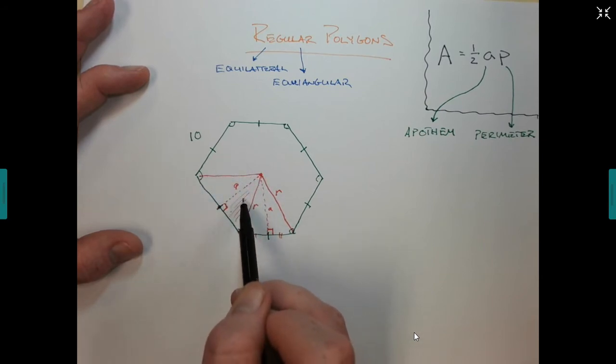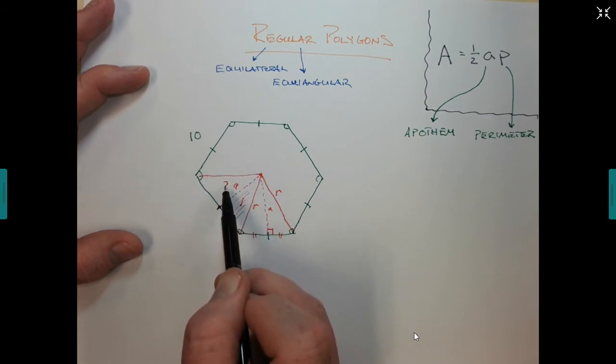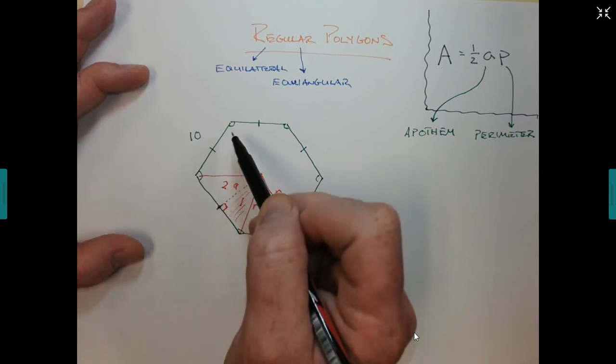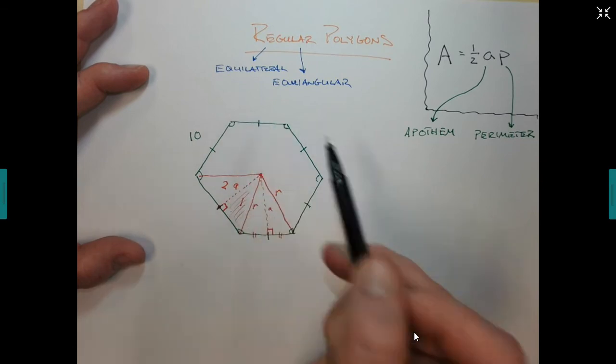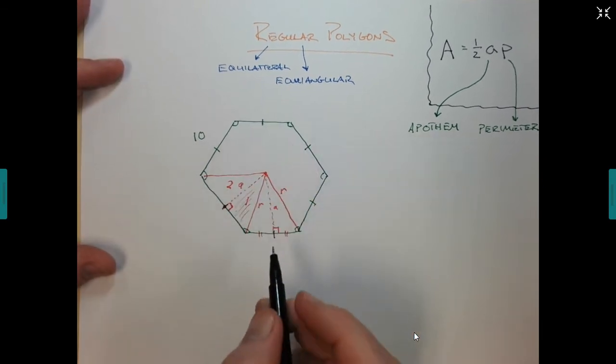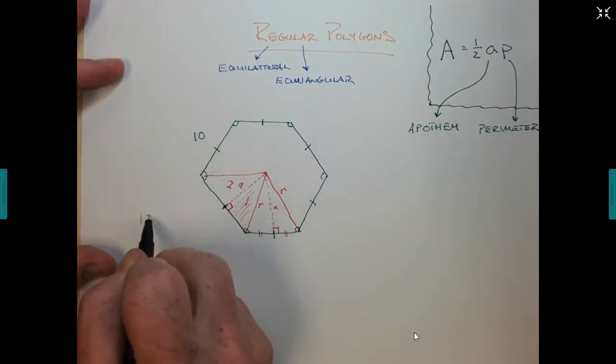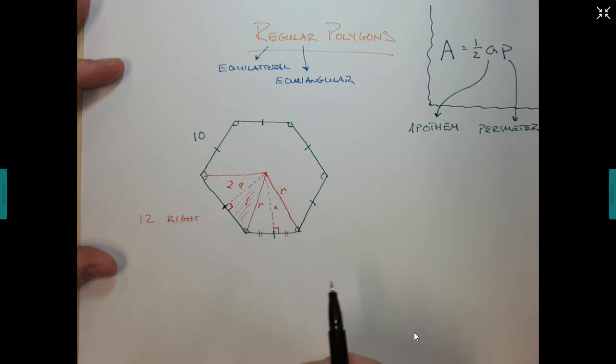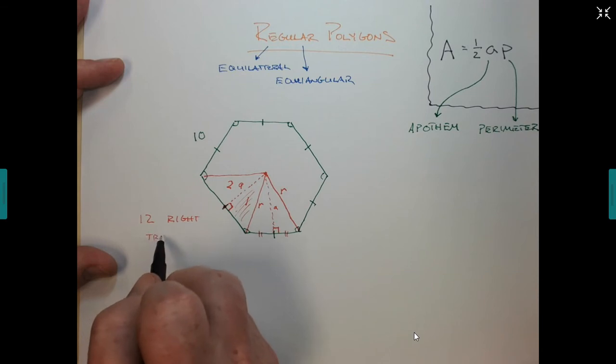Does everybody see 1 here, 2 every time we have a side? So there'd be 2 more for this side, 2 more for this side. That means inside of a hexagon, there will be 12 exact copies of those right triangles.